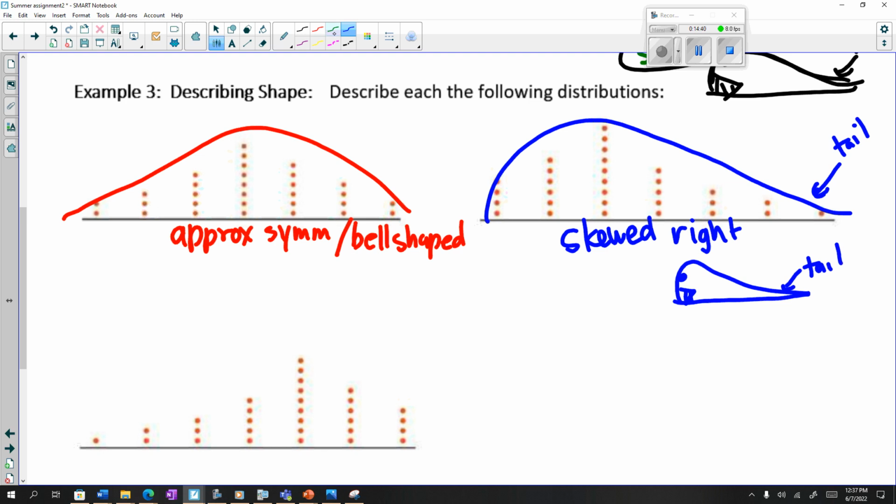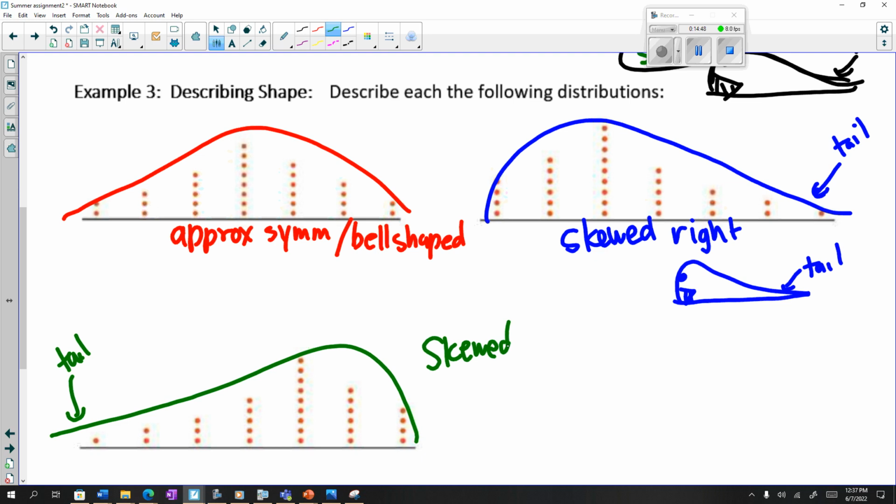And then this one on the bottom here, the tail is on the left, so this is skewed left. Again, picture a whale or a fish with a tail, and the tail is on the left, skewed left. This means most of the data is here on the right, and then the mean gets pulled down in the direction of the skew.